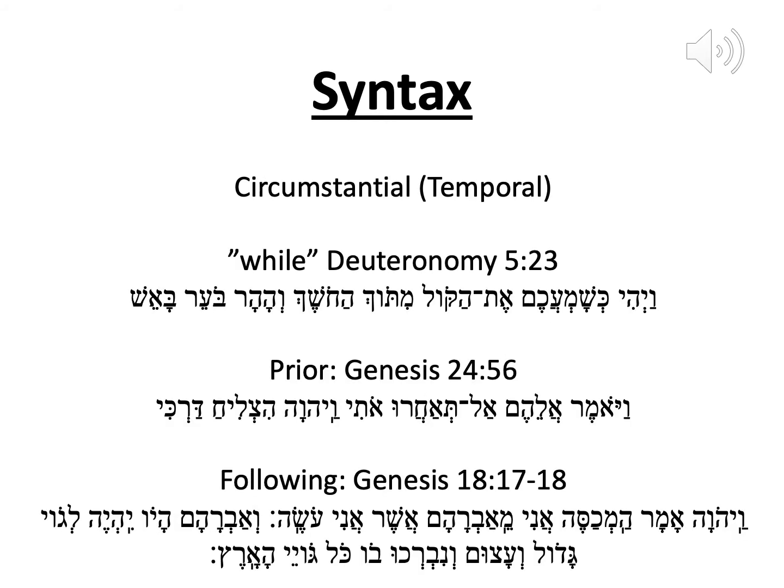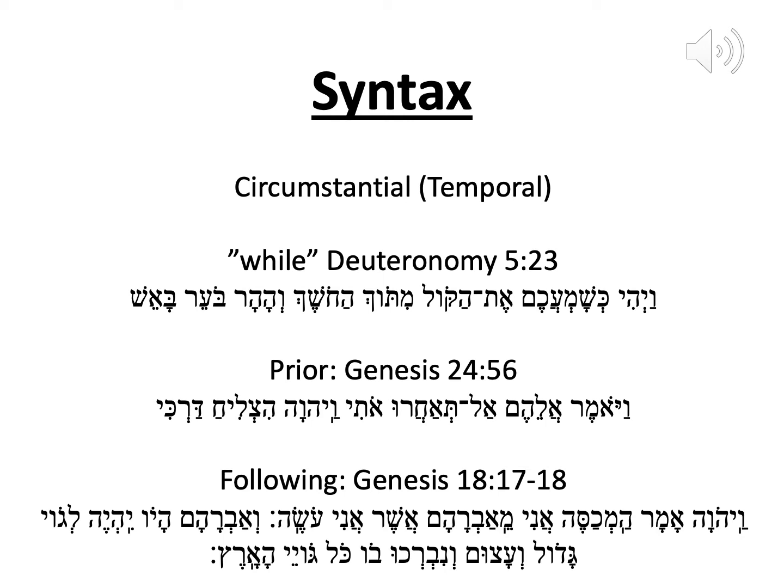Oftentimes, a clause will be used circumstantially, giving us background information to a main clause of the verse. For instance, we might use this temporally to give actual background information of previous events, but it may just simply be parenthetic detail, giving us details that we need to know in order for the sentence to make sense. The three clauses here could be translated all as temporal, but in at least Deuteronomy 5:23, it's also possible that it's simply information that we need to know.